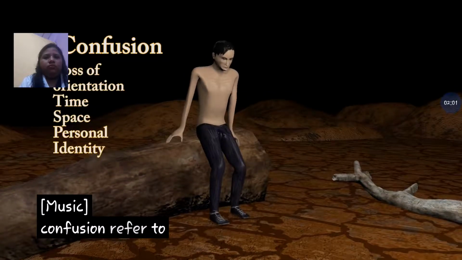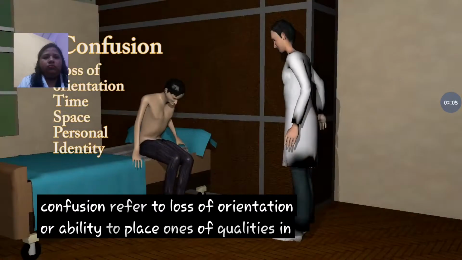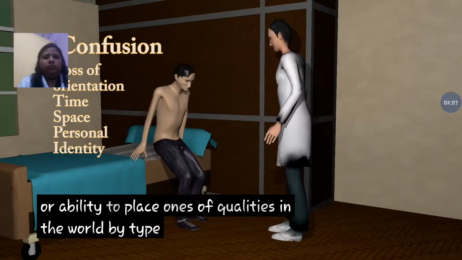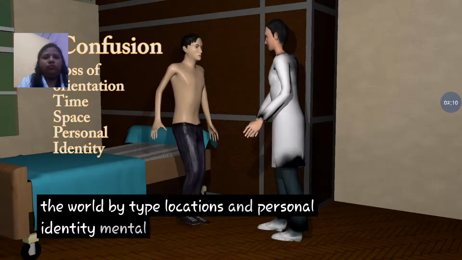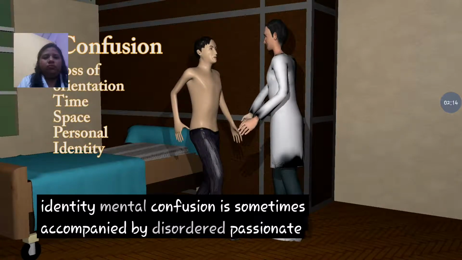Confusion refers to loss of orientation or ability to place oneself correctly in the world by time, location, and personal identity. Mental confusion is sometimes accompanied by disordered consciousness.